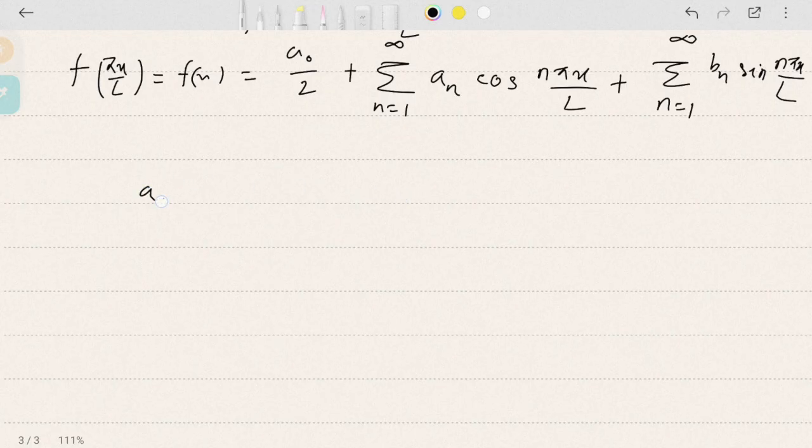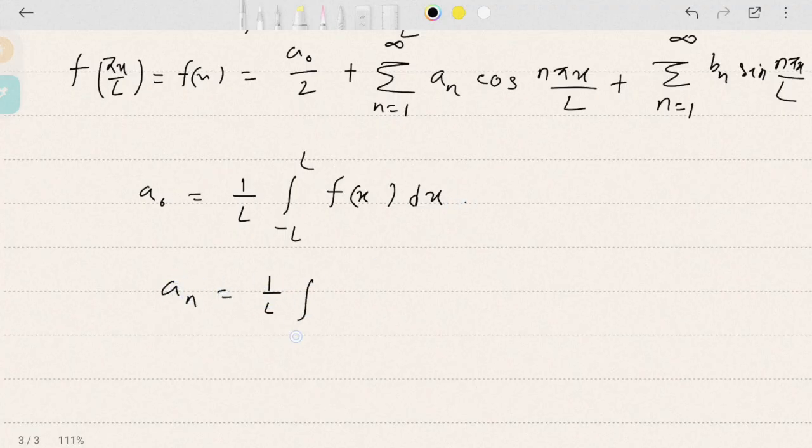We already derived a naught is nothing but 1 by l integral from minus l to l of f of x dx, and an is nothing but 1 by l integral of f of x cos n pi x by l dx.